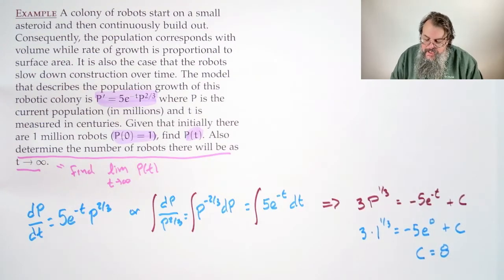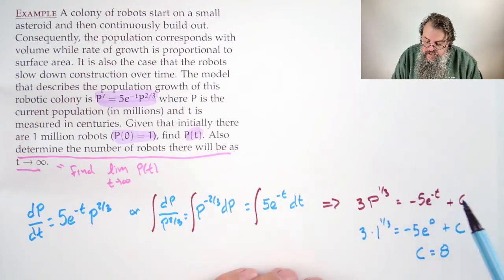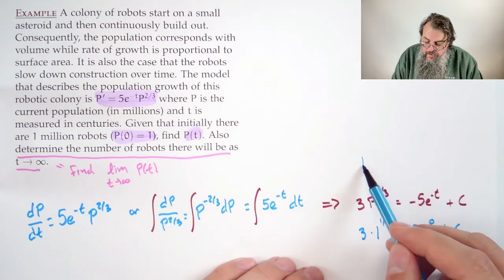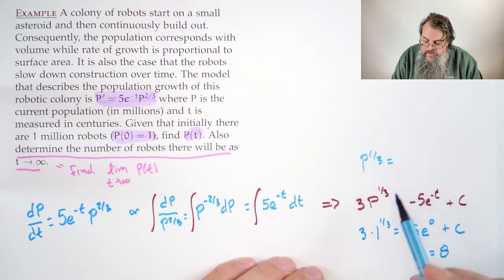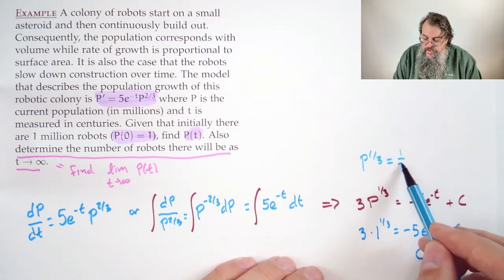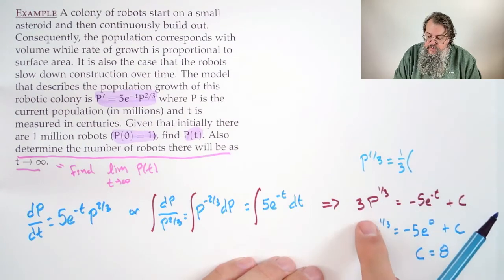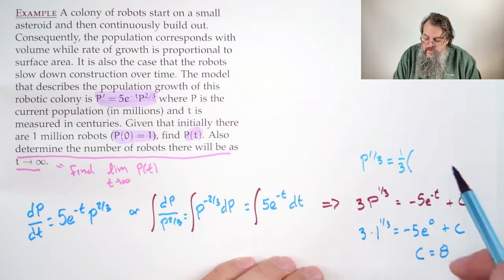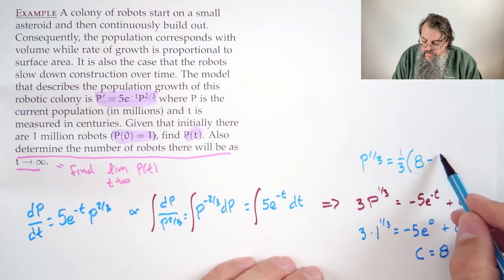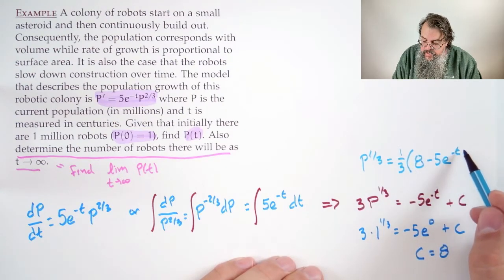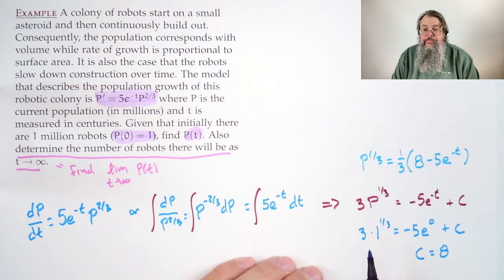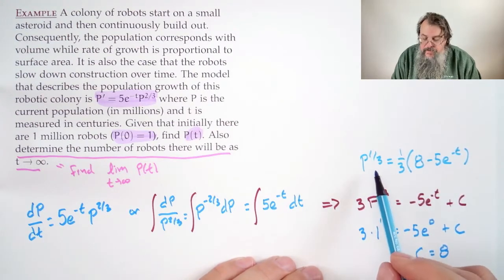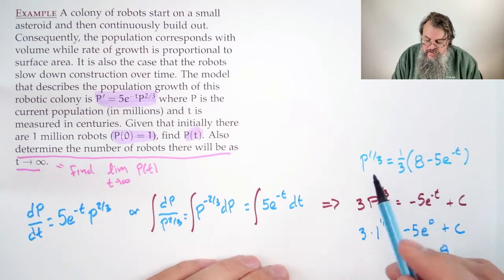Well, what do we get? We get the following. We can say that P to the 1/3 is 1/3 times the quantity 8 minus 5 e to the minus t. And now, to get rid of the 1/3 power, we cube it.